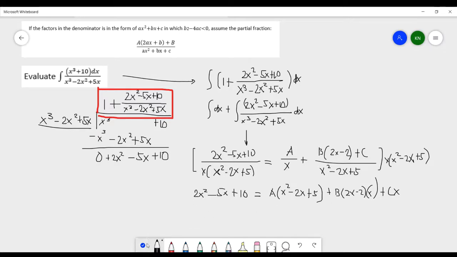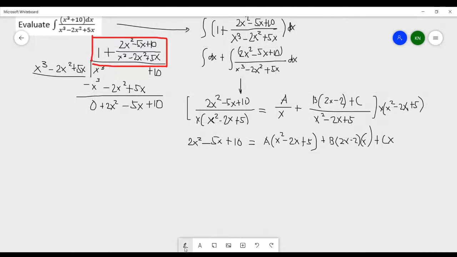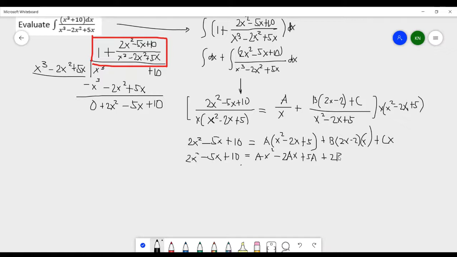Now afterwards, simplifying our equation, we have 2x squared minus 5x plus 10, which is equivalent to ax squared minus 2ax plus 5a, plus this one, 2x times x, that's 2x squared times b, so we have 2bx squared minus 2bx plus our cx.